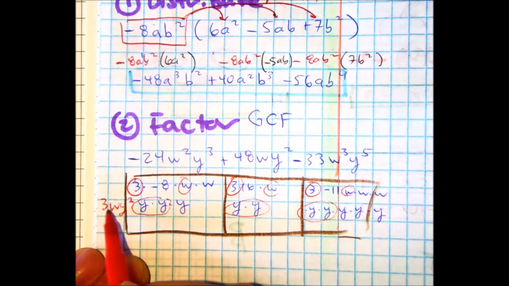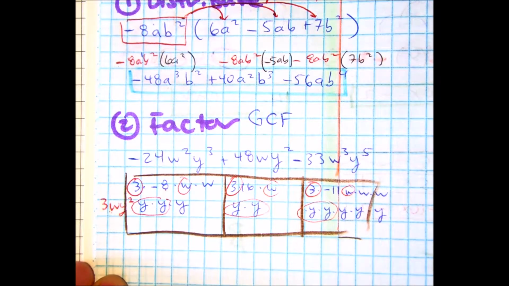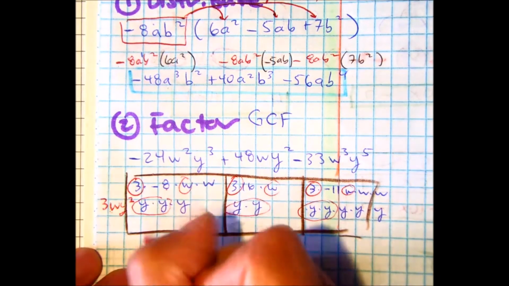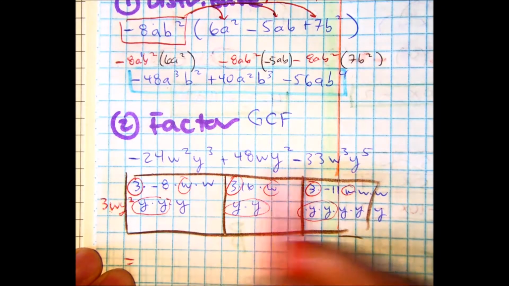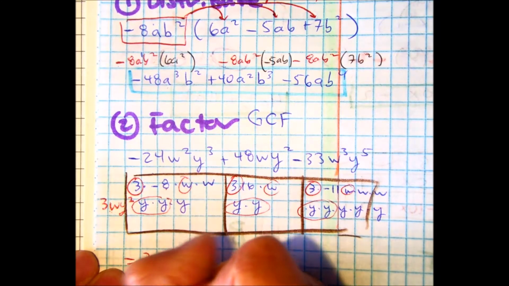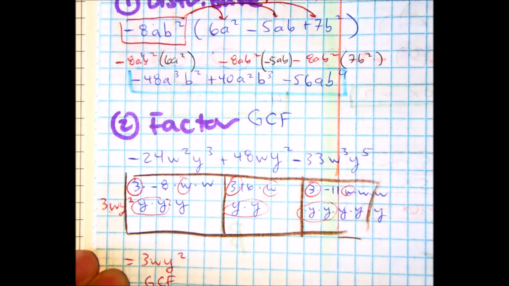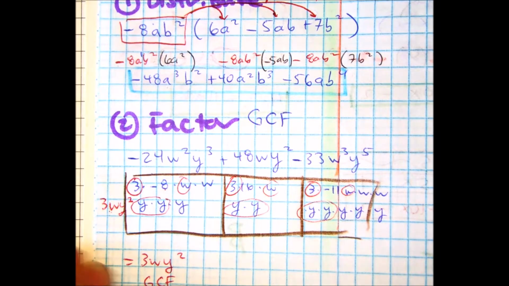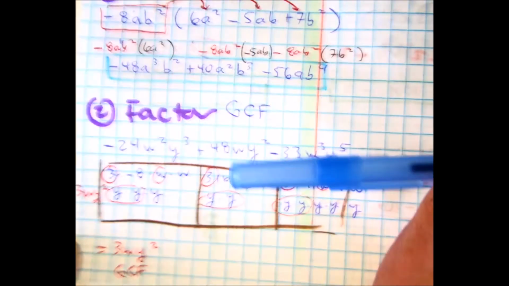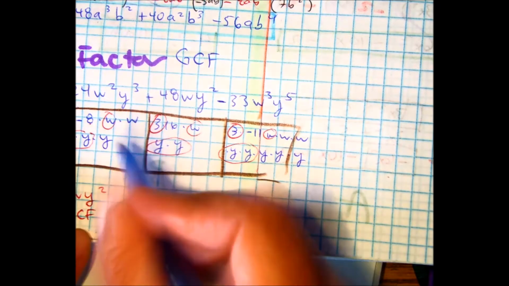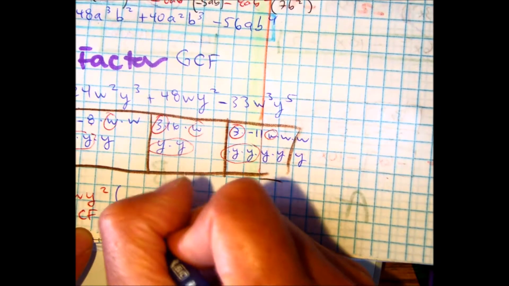So 3WY squared. Okay, so this is what my final answer looks like. This whole polynomial here is equal to 3WY squared. This is the GCF, the greatest common factor. And then I write everything that I did not circle. What did I not circle? Negative 8.